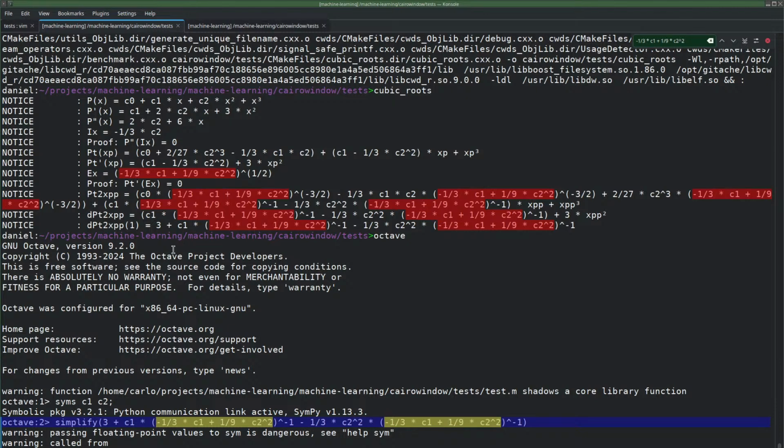Let's see, what else can we do here? Oh yeah, I want to simplify this one. Let's just simplify the whole thing, because I have the feeling that it should be way, way, way simpler. Oh god, now you have to do the power 3 like that.